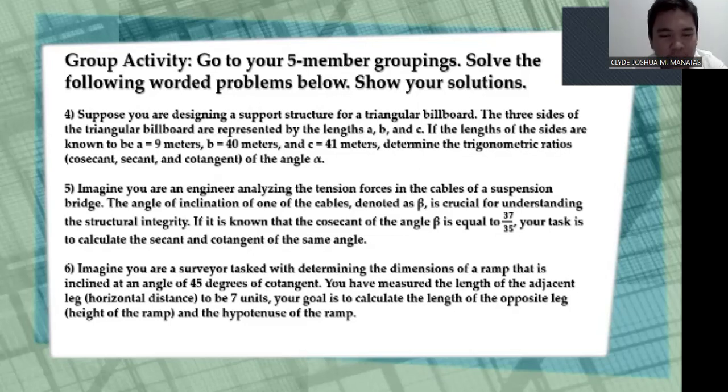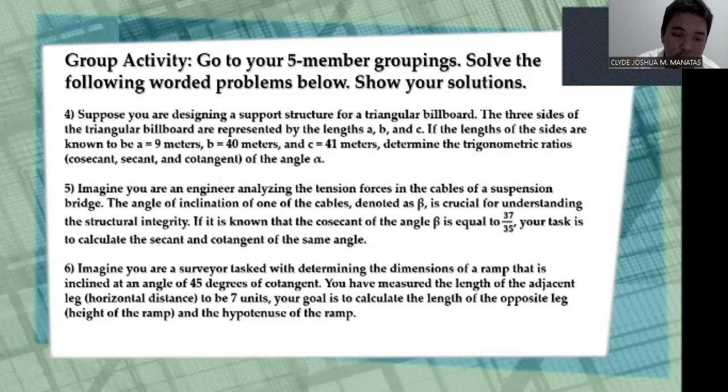Then 1 over O, 1 times O, so it's just O. That means the adjacent leg, so the opposite leg, is 7 units also.